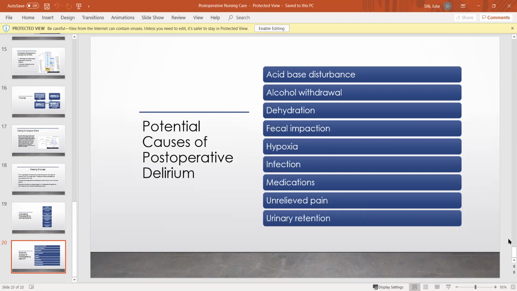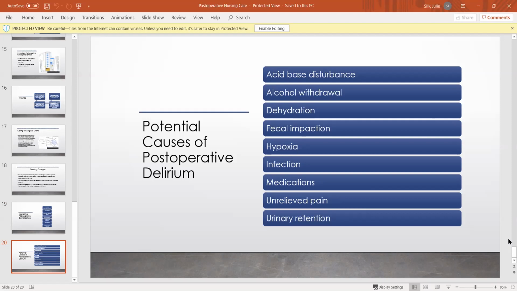So things that put people at risk for delirium would be increased age, history of alcohol abuse, whatever their pre-op cognitive function was, like if it was already lower, then that's going to put them more at risk. If their physical function isn't very good, that might put them more at risk. So some of those things. When we see someone with post-op delirium, this is what it's characterized by.